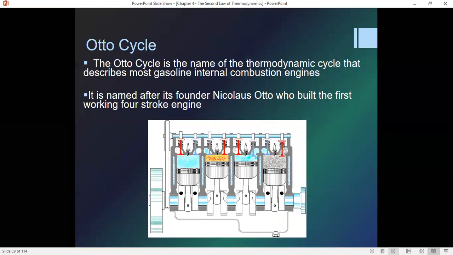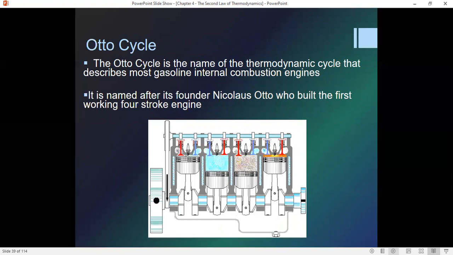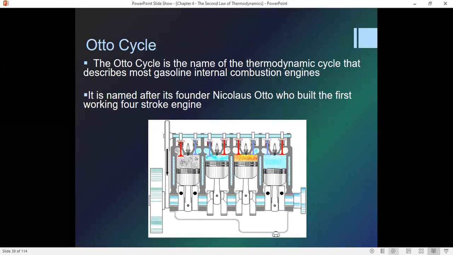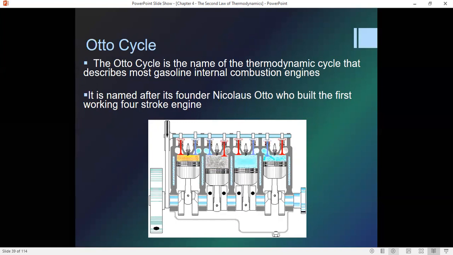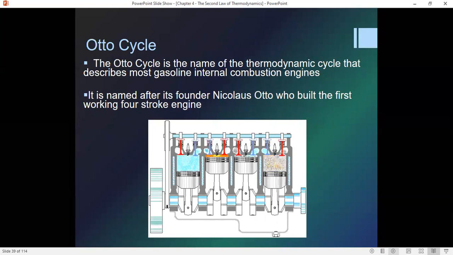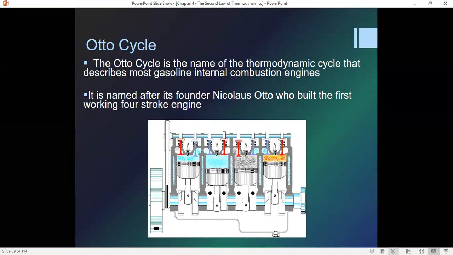And here is a 4-cycle engine, and you can see how it's going through here. Okay, the blue represents the fuel-air mixture before combustion's taking place.